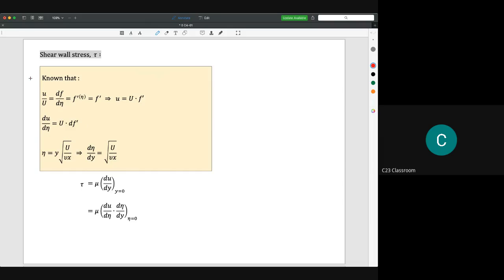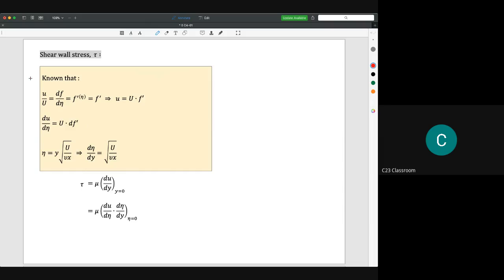The shear stress is actually calculated from the shear stress equation. One is von Karman and one is Newton's. But for von Karman, as I said, the term is not complete yet because it has d theta over dx.